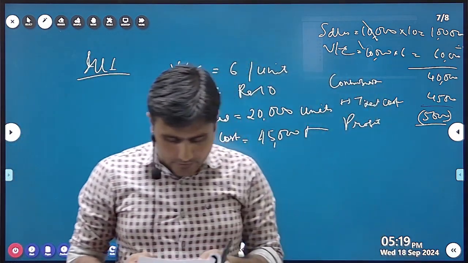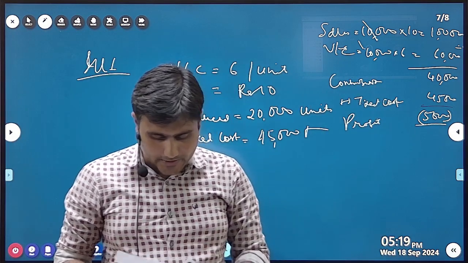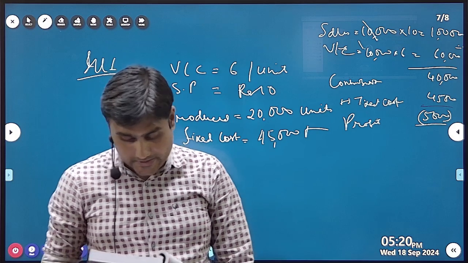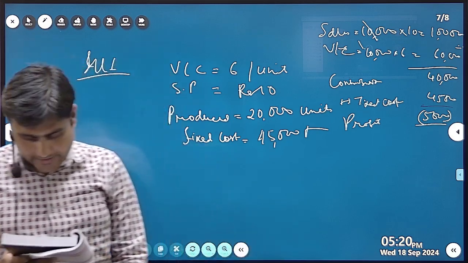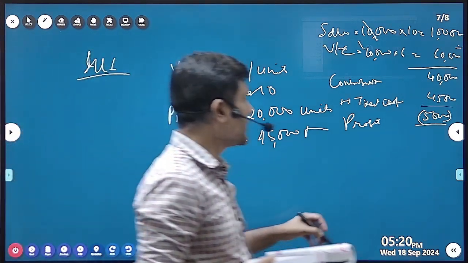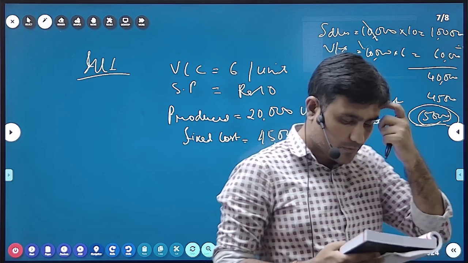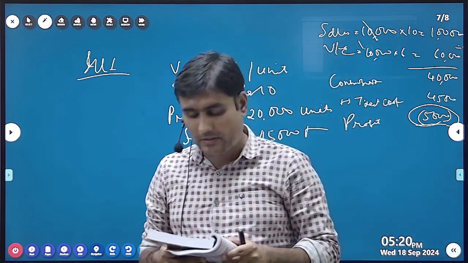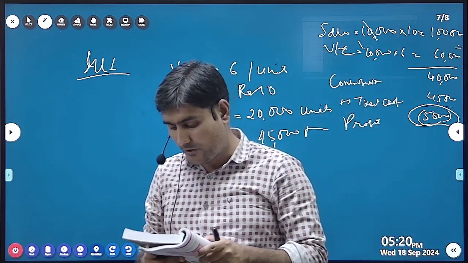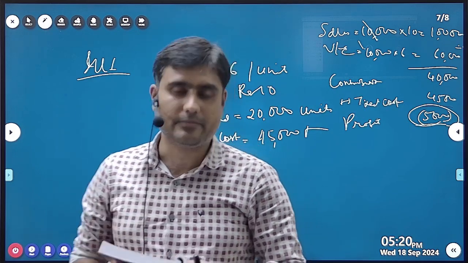The conclusions which may be drawn from the example are as follows. The profit per unit varies at different levels of sales. Profit per unit is varying. For the first, it is how much? There is a loss of 0.5. Then for the next two, there is profit of 1 and profit of 1.75.